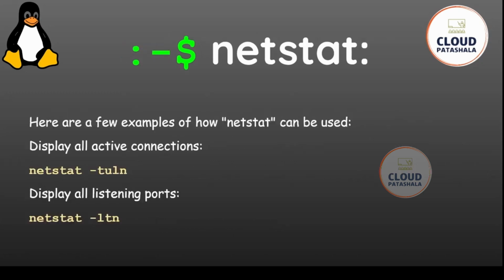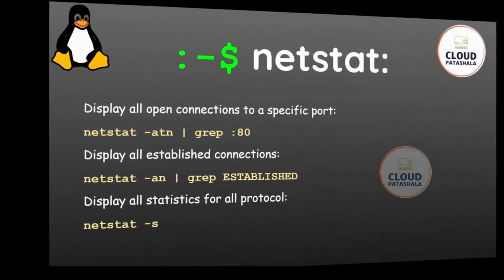Some examples of the netstat command are netstat -tuln, which would display all the active connections that are there in the system. If you want to display all the listening ports that are there on the server, you could say netstat -ltn, and you would get the list of all the listening ports.